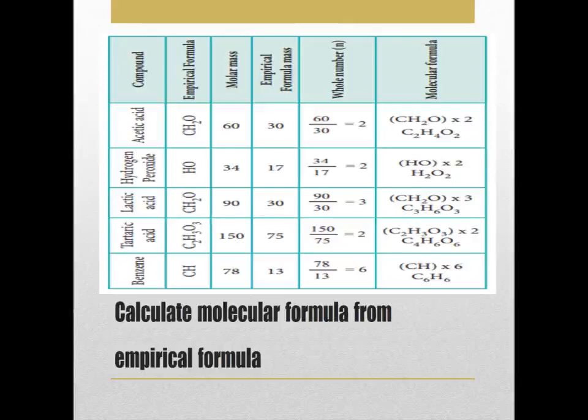The molar mass of vinegar is 60, the molar mass of milk is 90. The percentage composition: carbon 40%, hydrogen 6.6%, oxygen 53.4%. Written? Now you derive the molecular formula.